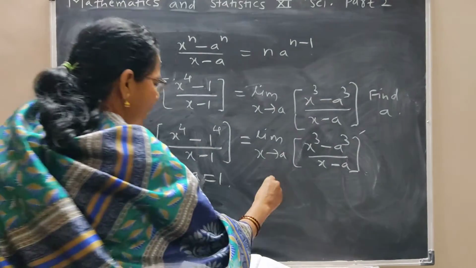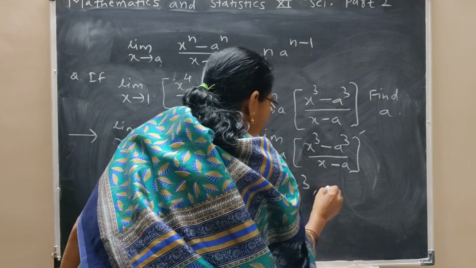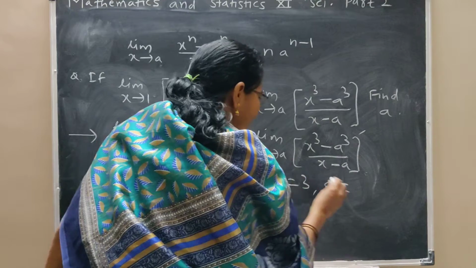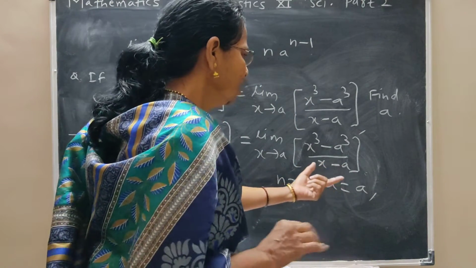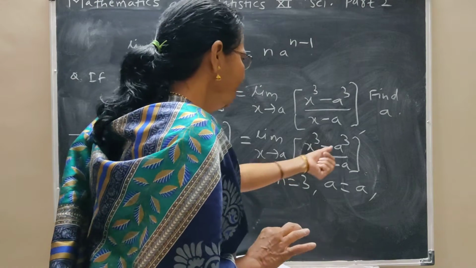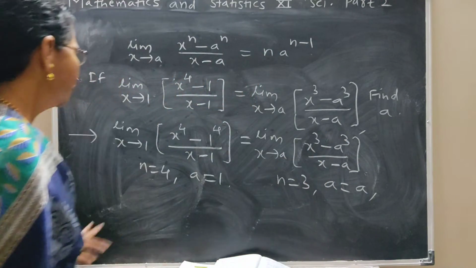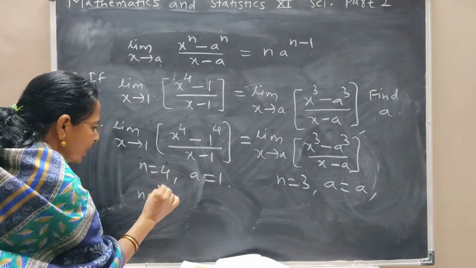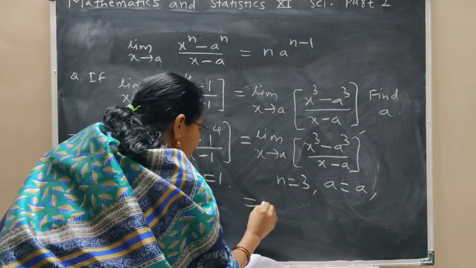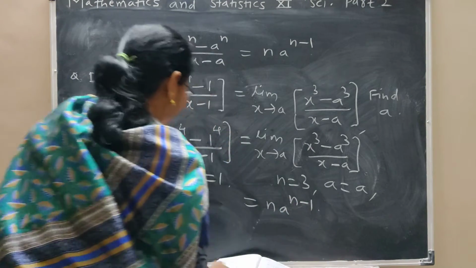Now here n is 3, a is a. Once again check, x tends to a, here is a, 3, x minus a is there. So use the formula n a raised to n minus 1.